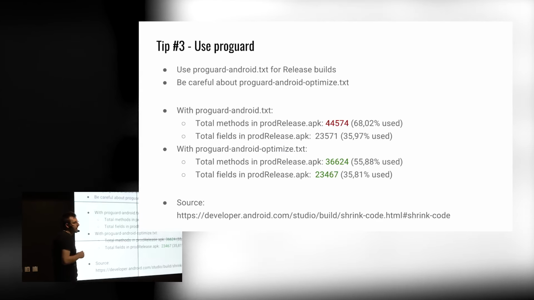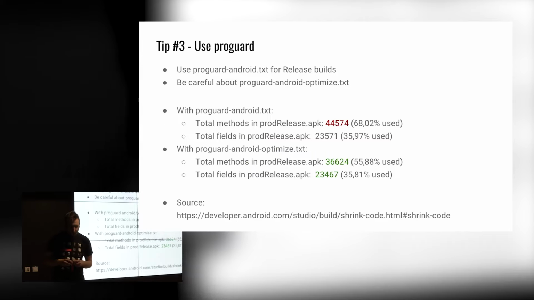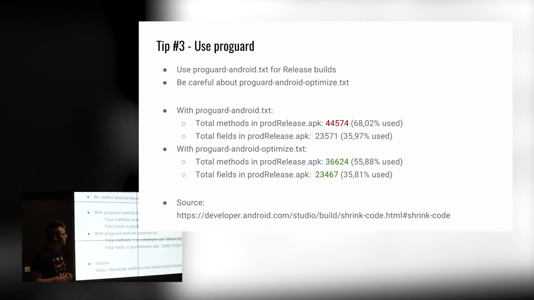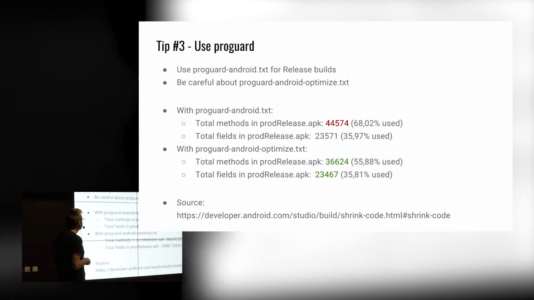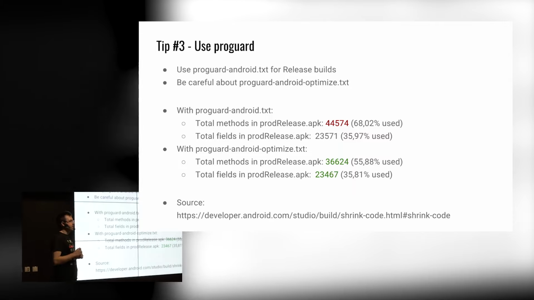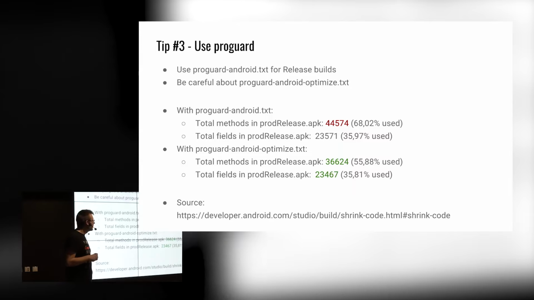Use ProGuard. When you're compiling your APK, you should use ProGuard to make it smaller, faster and optimized. For that, we can use the classic proguard-android.txt file, which won't apply much optimization to the translated APK.